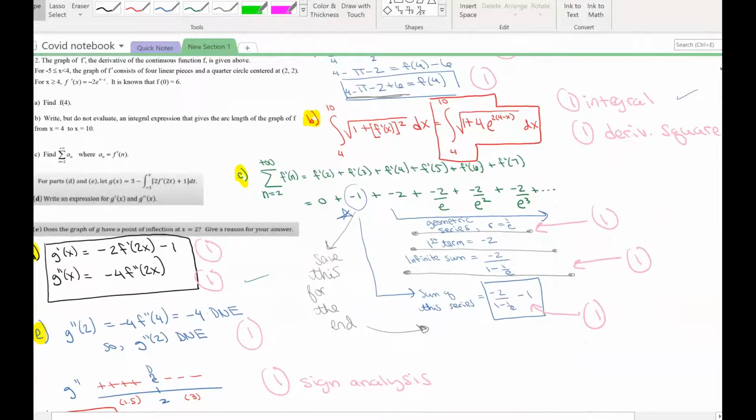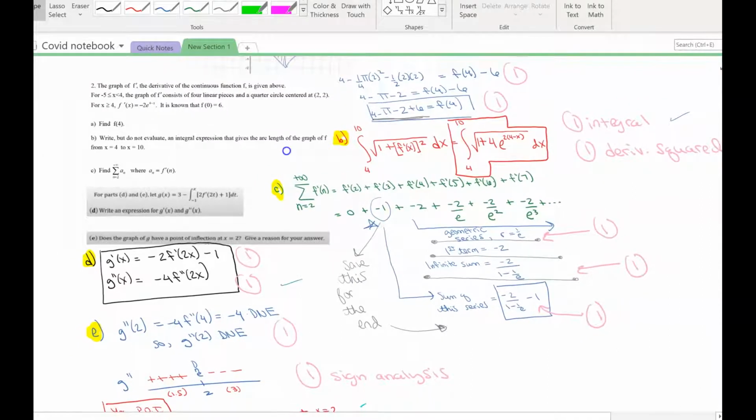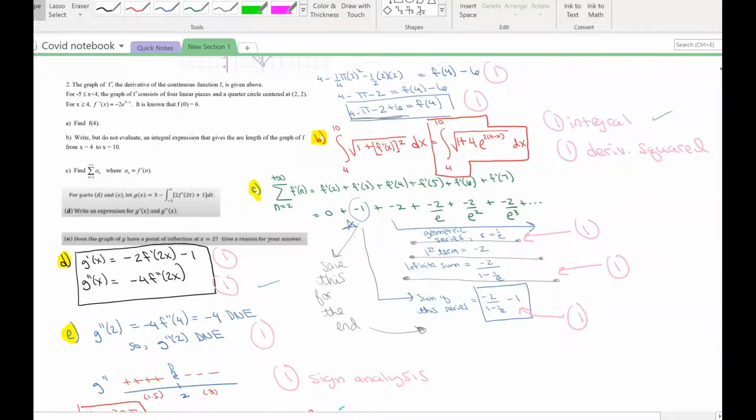Here's part C. Part C, it's about reading really carefully, okay? So part C, you have to remember that this function f prime only applies for values of x bigger than or equal to 4, okay? So when we're looking at the terms of this series, a sub n equals f prime of n, this is your series.